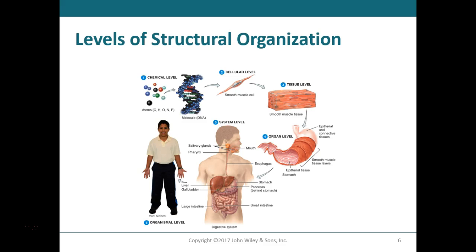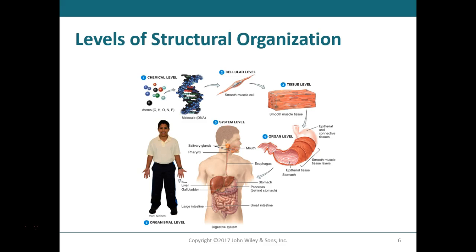All right, so when you have organs doing specific jobs, they typically work with other organs to carry out a systemic job or become a system. So if we go back to thinking about the stomach, it is a part of the digestive system. Well, not only is it the stomach, but the mouth and the salivary glands and the pharynx, the esophagus, the stomach, the pancreas, the liver, the gallbladder, the small intestine, large intestine.